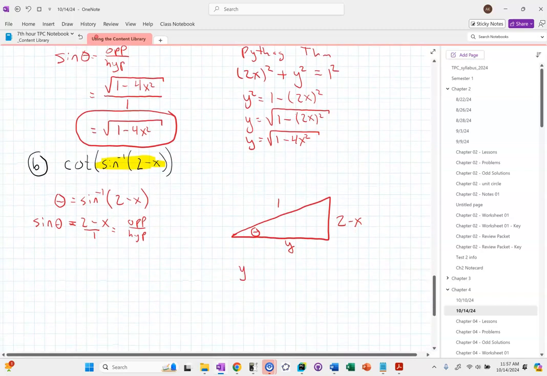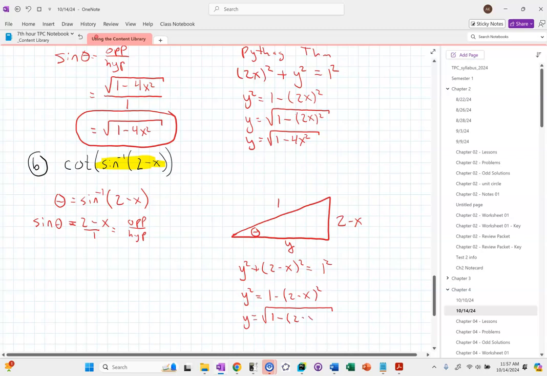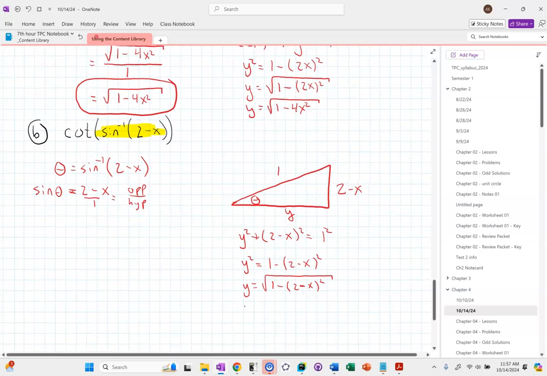I'll then use the Pythagorean theorem to try to get y by itself. So I'll subtract the 2 minus x squared from both sides. I'll square root both sides. I can dump the plus or minus because, again, the y is a side length. And then let's simplify 2 minus x squared.